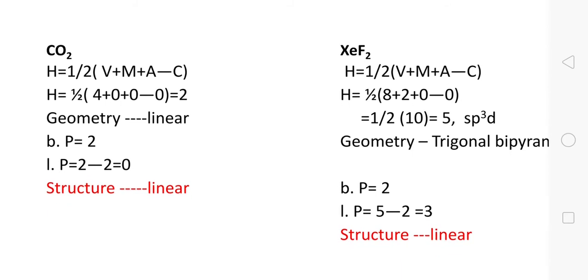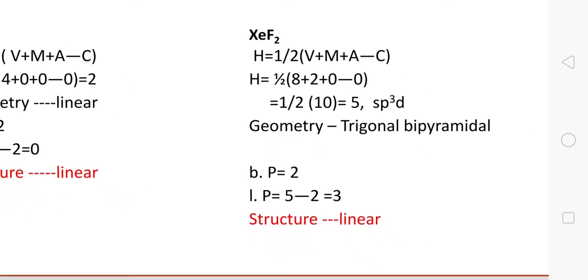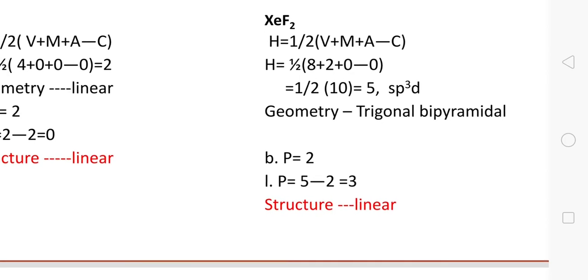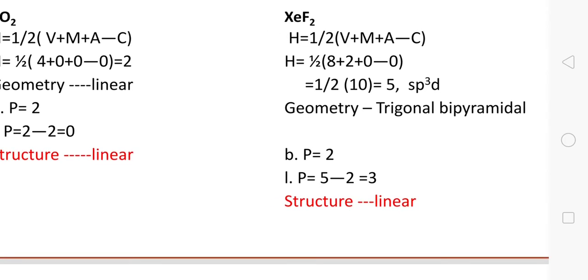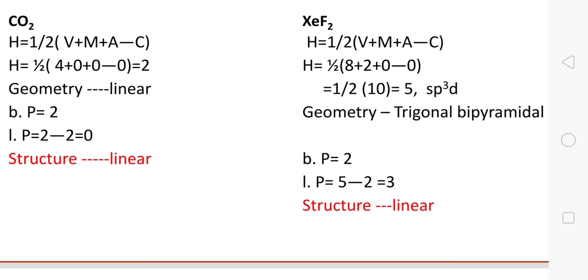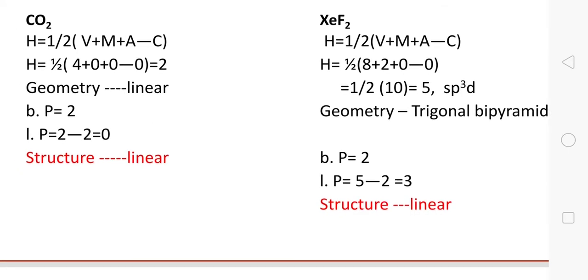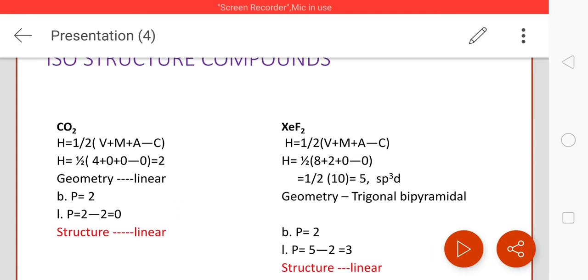For XeF2, the geometry is trigonal bipyramidal, but the structure is linear. So CO2 and XeF2 have similar structure. The CO2 structure is linear as well as the XeF2 structure is also linear. So these two compounds are isostructural compounds.